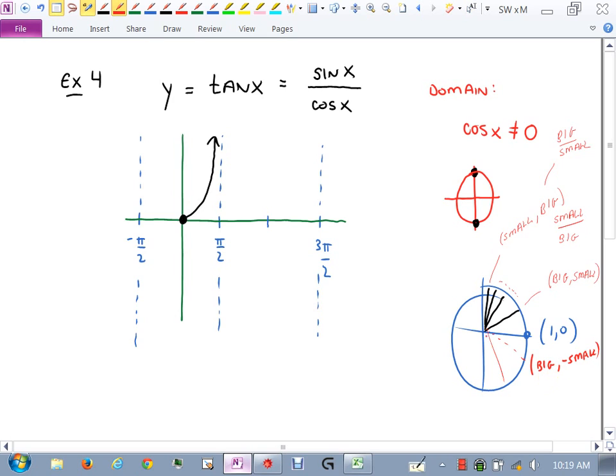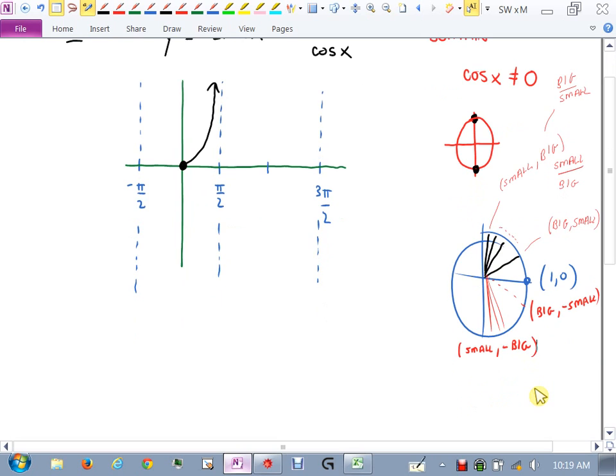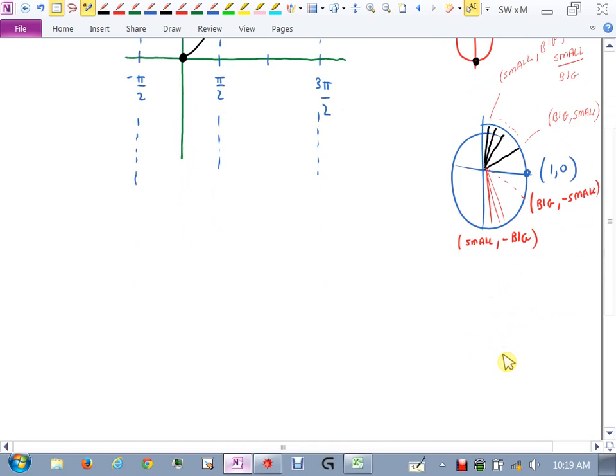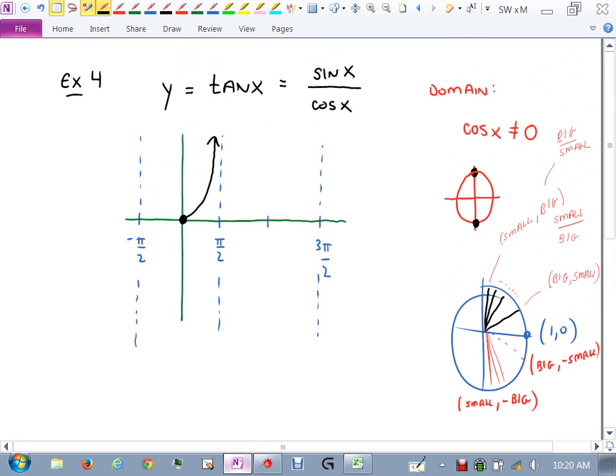As I move over, though, your x-coordinate is small, and your y-coordinate is a negative big number. And if I take a negative big number and divide it by a very small positive number, I get a very big negative number. So your asymptote this time goes down like that.